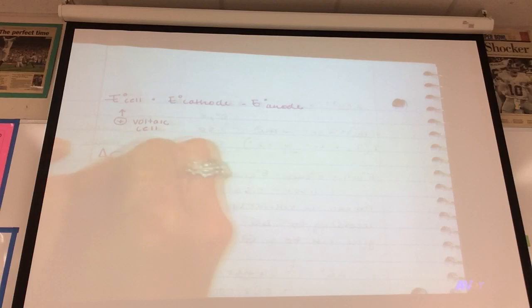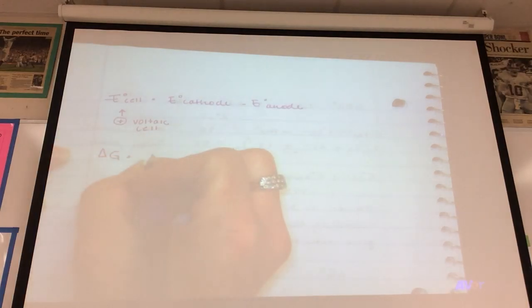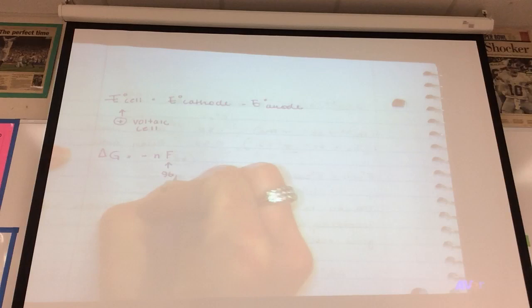You can calculate delta G, the change in Gibbs free energy that determines thermodynamic favorability, by setting it equal to negative n, the number of moles of electrons, F, Faraday's constant, 96,485 coulombs per mole electron, times E cell.